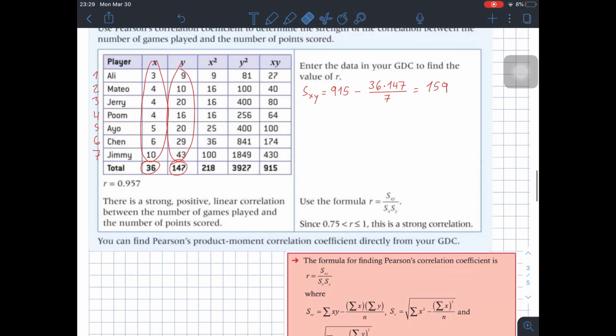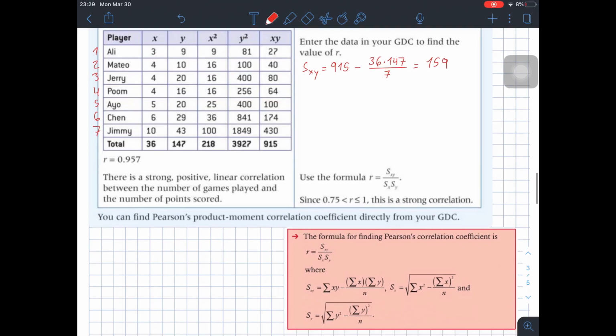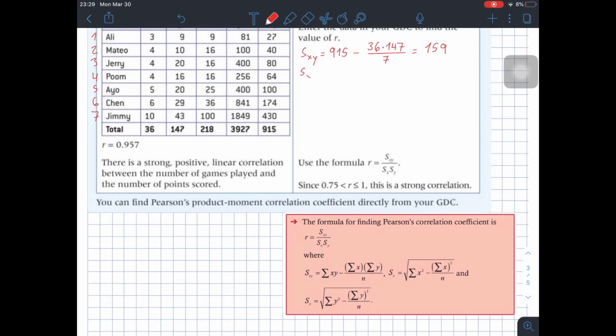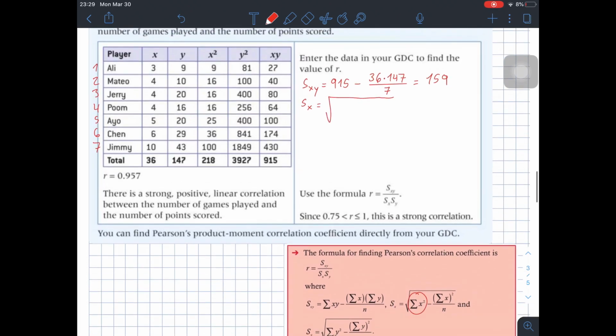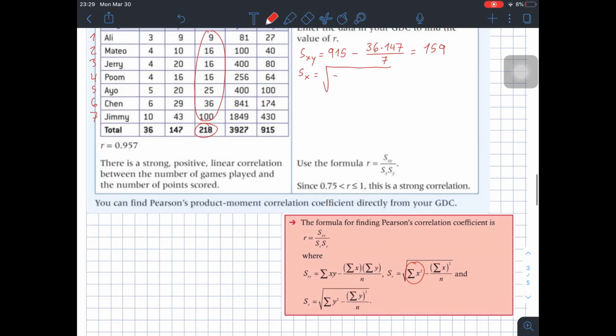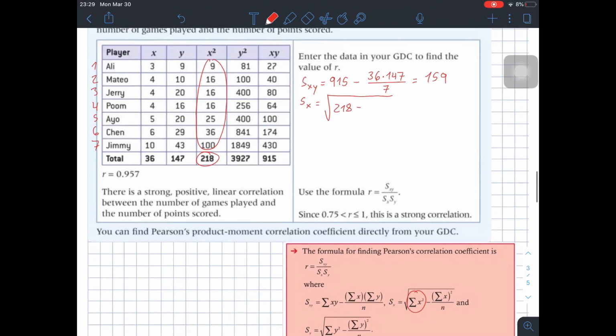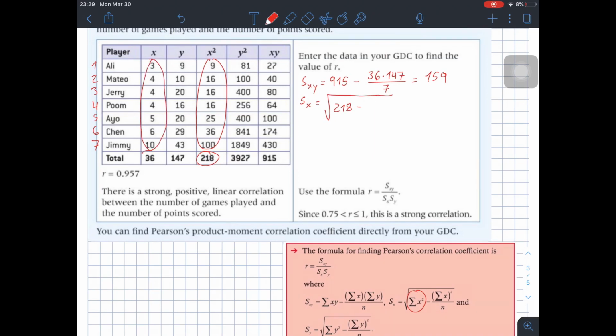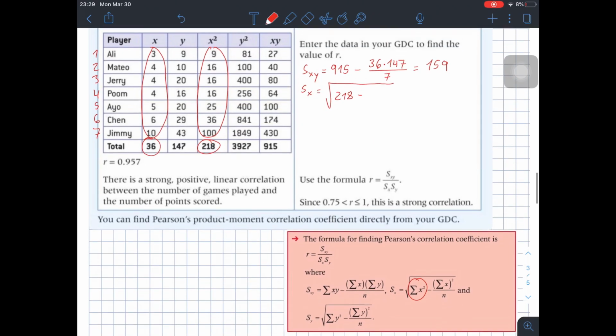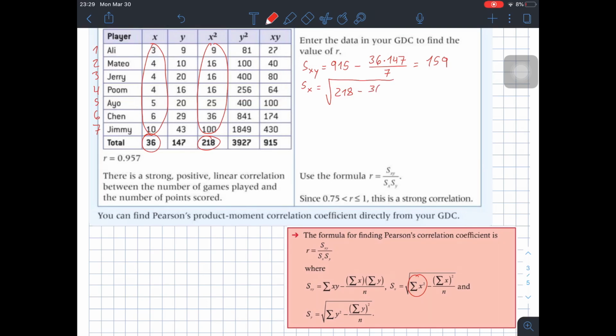Then we want to calculate, let me erase this, the covariance of x, Sx. What do we need for the covariance of x? It's the square root of the sum of x squared. The sum of x squared is this column over here. We add all of these terms and we get 218. So 218 minus, then we have the sum of x and the result squared. That is the sum of x, which is 36, and that result we square. So this would be minus 36 squared.